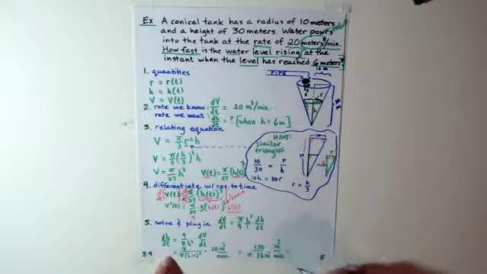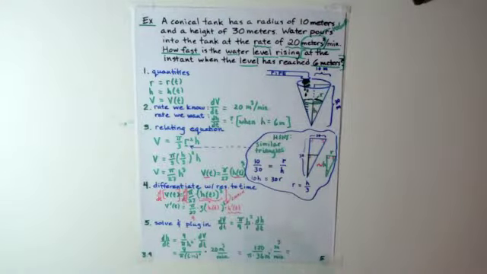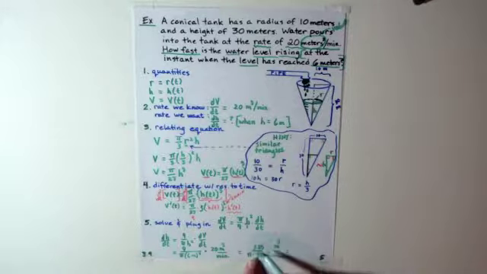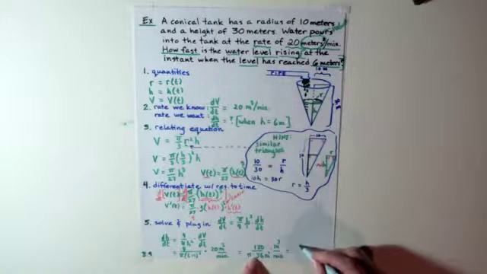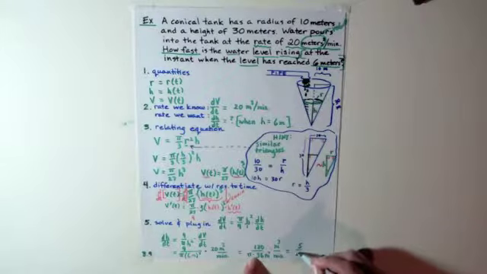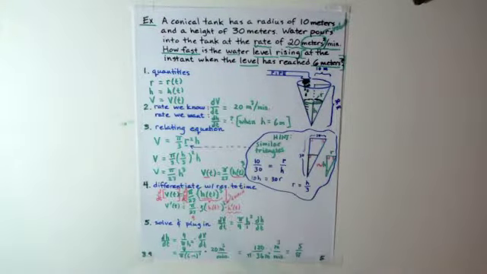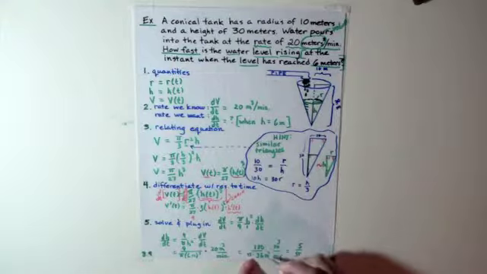And now it's just a matter of simplifying that. And I think I simplified it down, did I do that correctly? I believe so. 36 goes into 180 5 times, so I end up with 5 over pi. And let's look at the units for a moment and see what we're left with there.